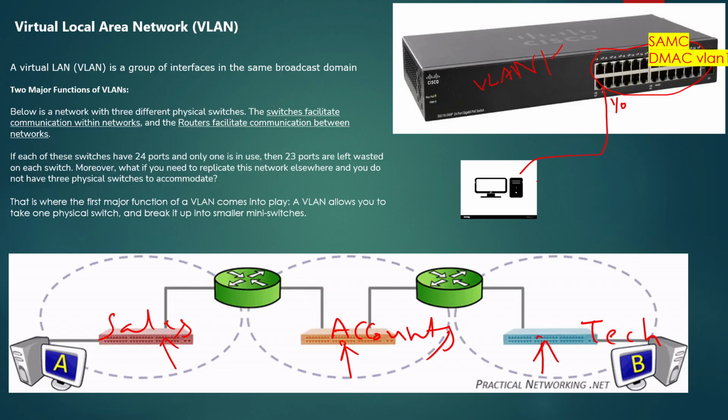Now the thing is, if you want to enable communication from one network to another network, say the sales team computer A is connected and the technical team computer B is connected, then to send data from one network to another you need to use routers, right?